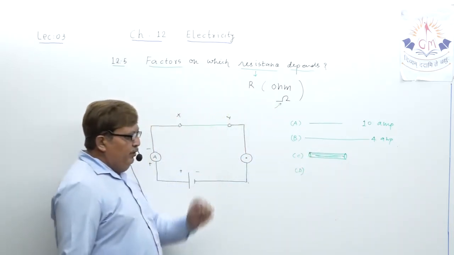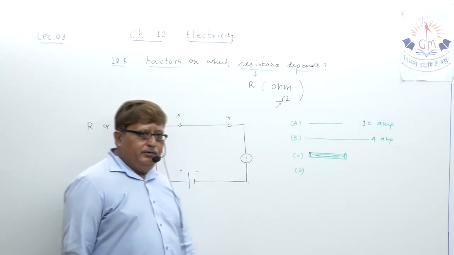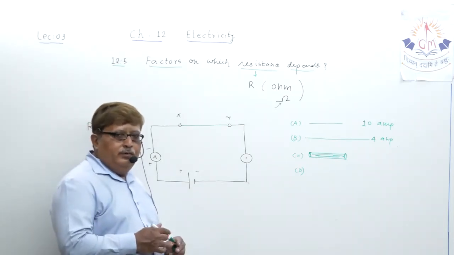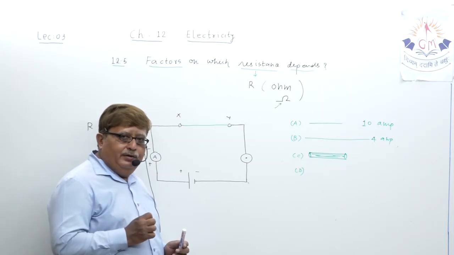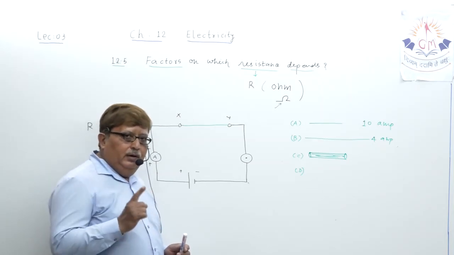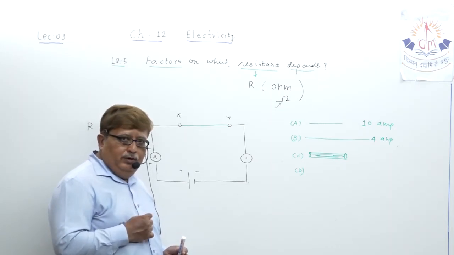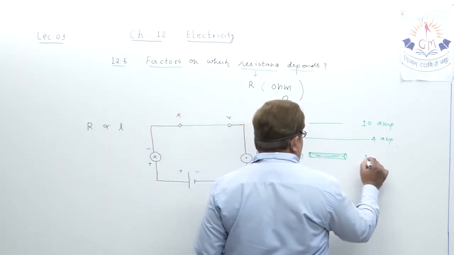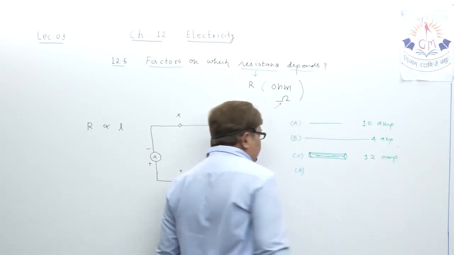And I am attaching it in this gap, and let me try to record the reading from the ammeter regarding electric current. So I will come to know that the amount of current flowing, understand, increases to, suppose, 12 ampere. That means what?